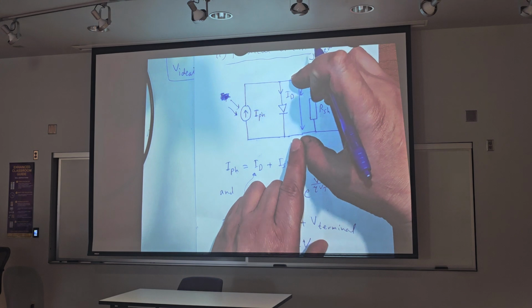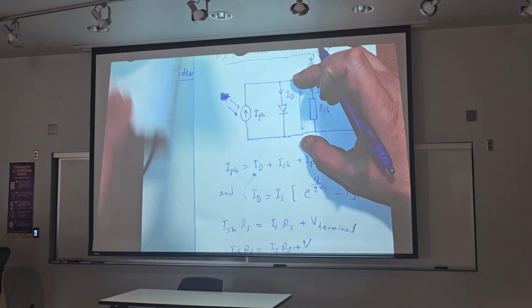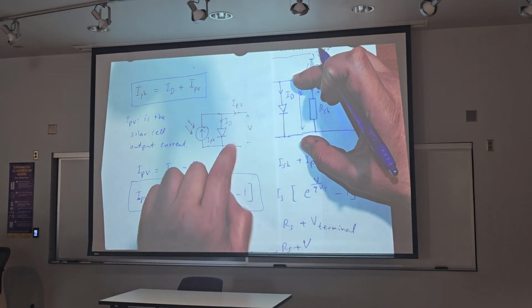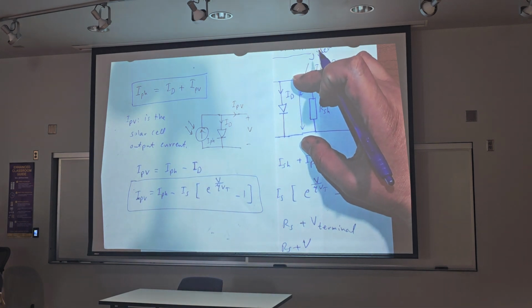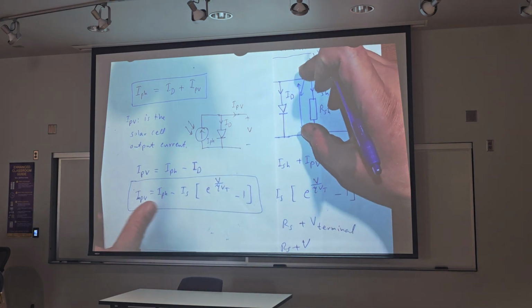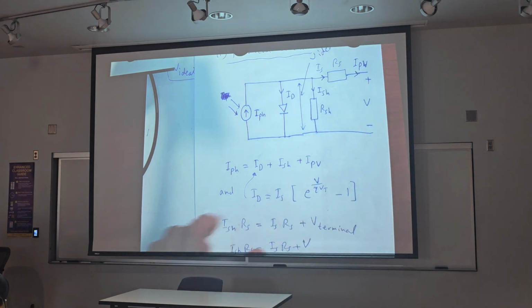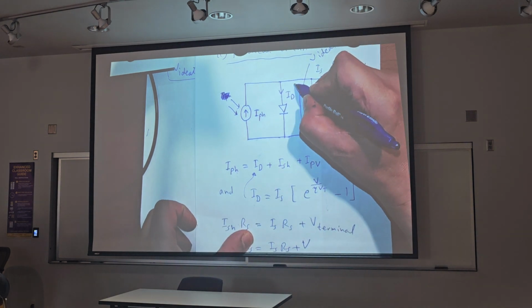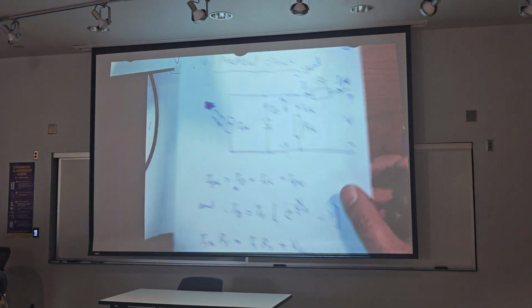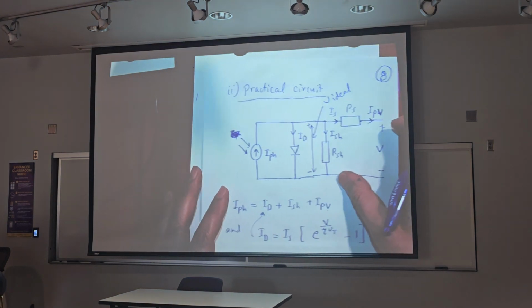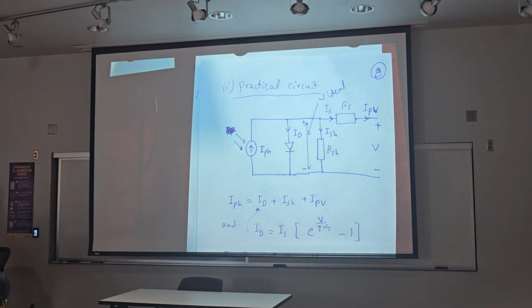Because it is the same as the voltage across the diode in the ideal case, positive, negative, V ideal. Any question, please?